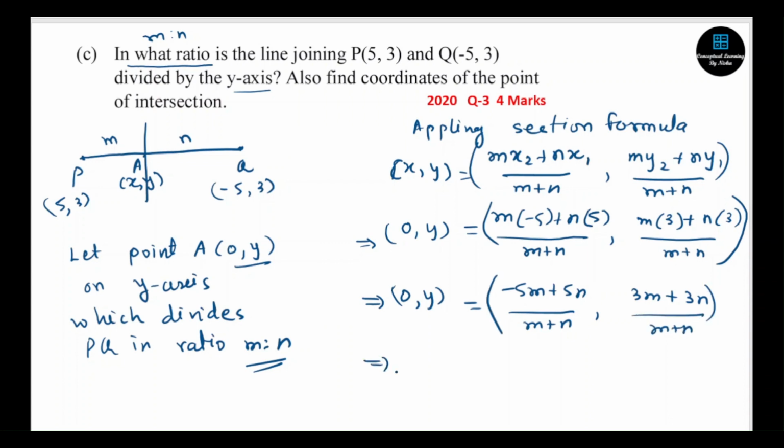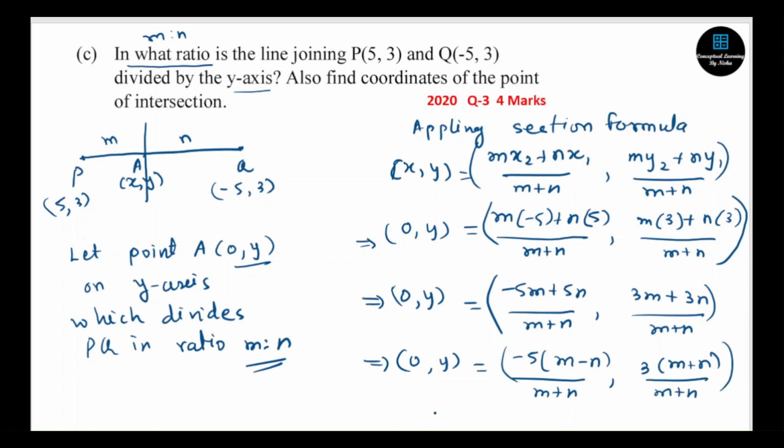Or see what I'm saying, 0 comma y equals minus 5 common. So I'll write here m minus n upon m plus n minus 3 common m plus n upon m plus n, and on simplifying this I'll get y equals 3.